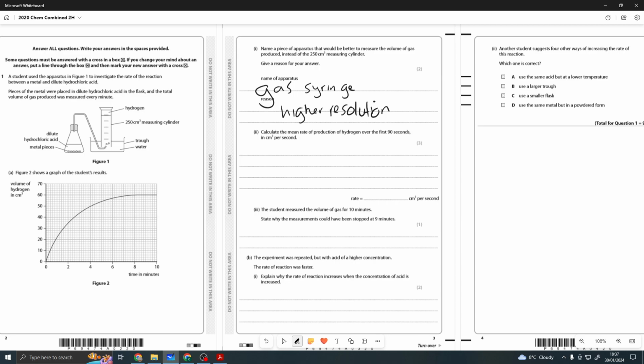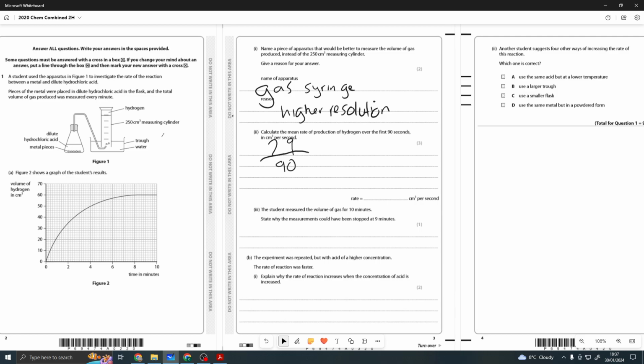It's very hard to do this with my pen. If you read up and across, you will see that it's actually about 29. So the volume here would be 29, the volume of gas produced, divided by the time, which is, as it tells you, 90 seconds.